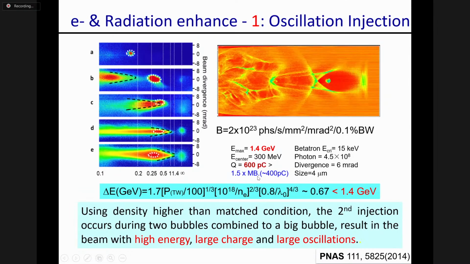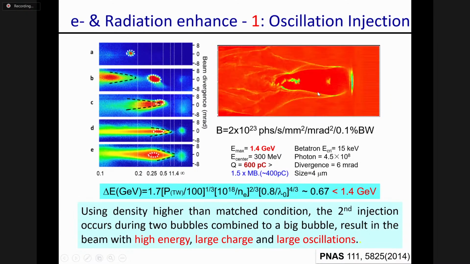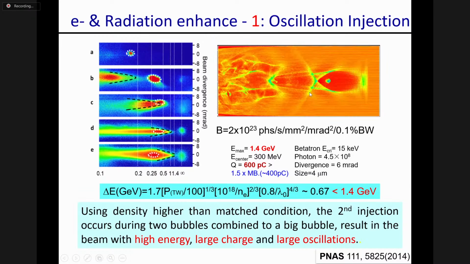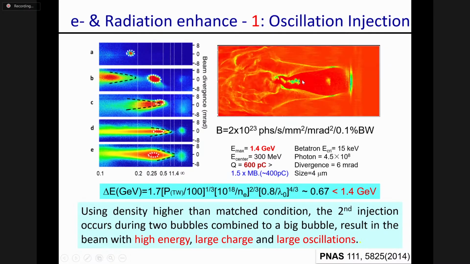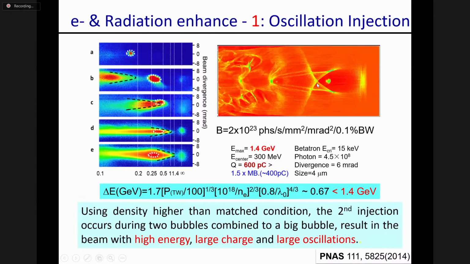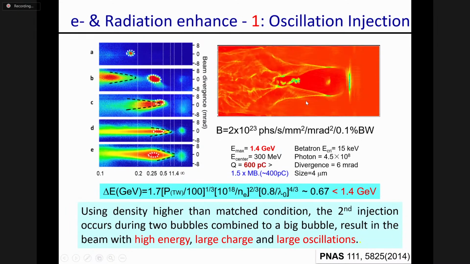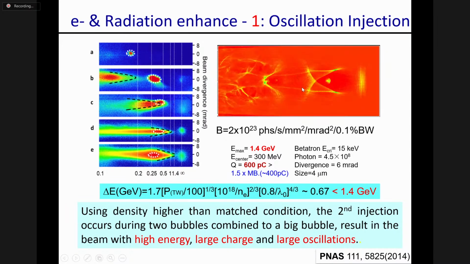So that means we use this kind of oscillation injection method. These injections occurred during the two wake fields combining into a big one. So in this case, the electrons were injected into the first wake field and form a big bubble.